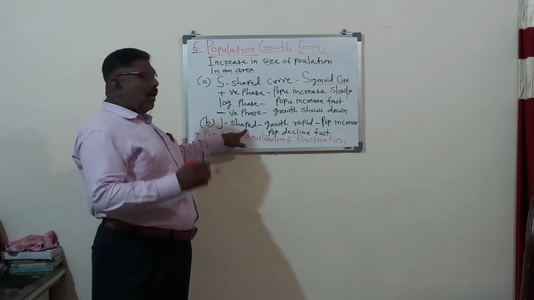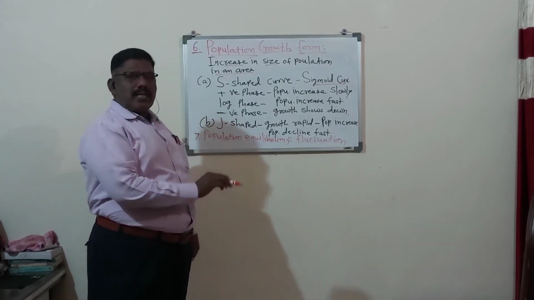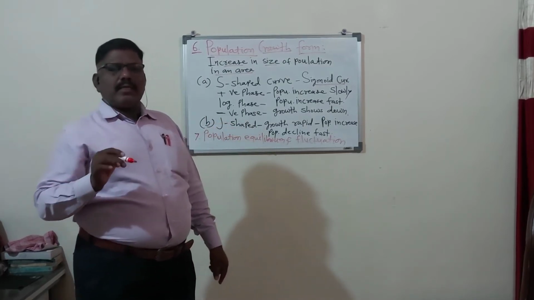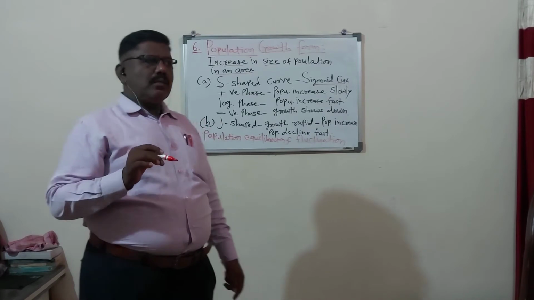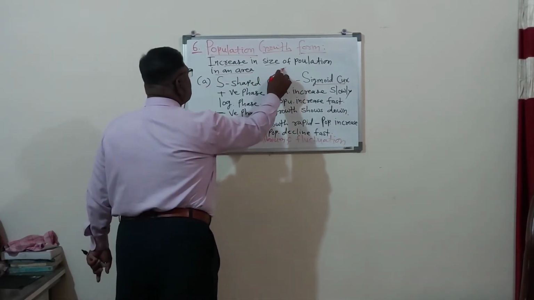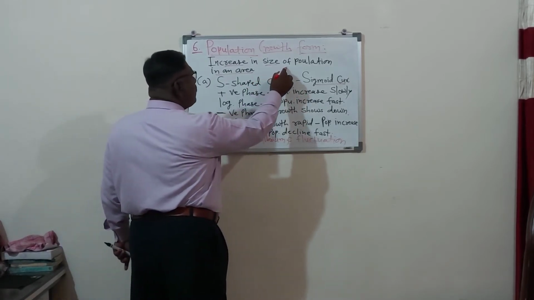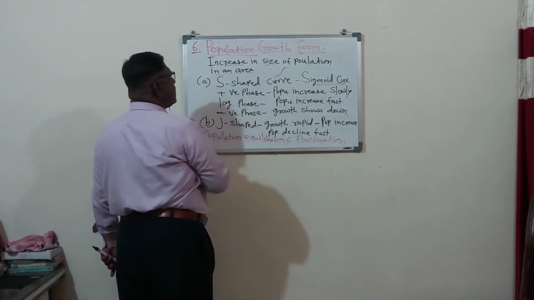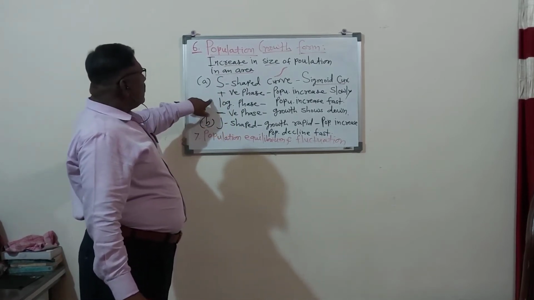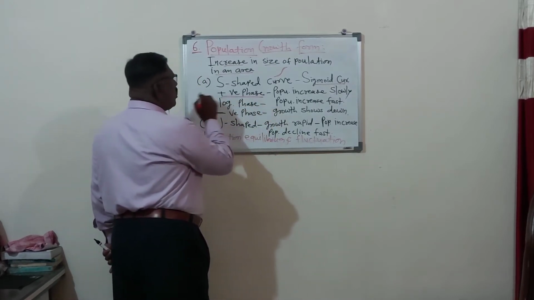It means our graph is just like a capital S. When we draw a graph of the population, it is roughly S-shaped, like this. Remember, this is roughly an S-shaped curve. There is the positive phase.